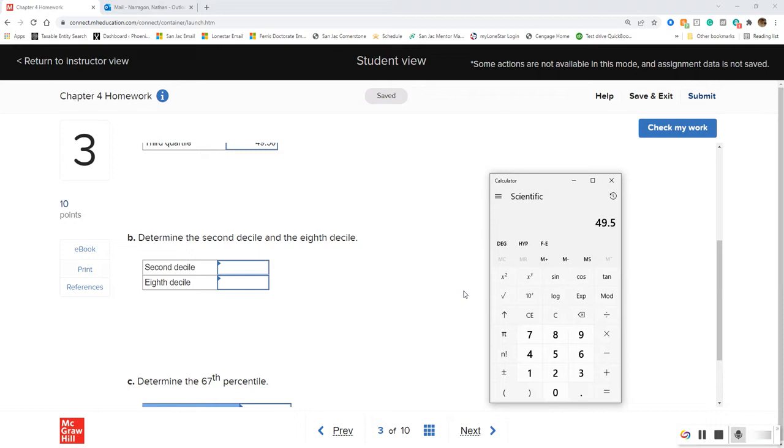Again, we still will have 31, but we need to figure out what is the position or the percentage for the second decile. So in order to figure that, we take 20, divide by 100. Again, putting it into tens. And then now multiply it by 31. So this position is 6.2.